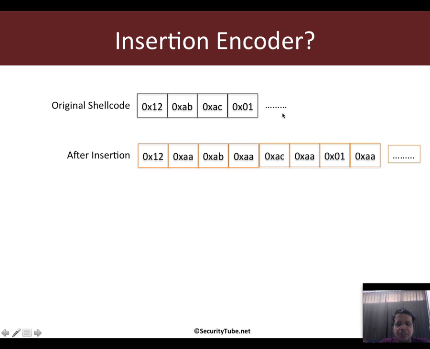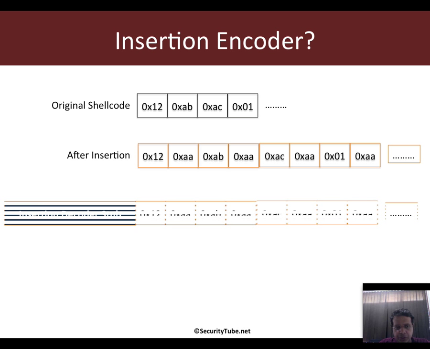Variations of this can be, instead of AA, you could have a random value, or you could probably have an increasing sequence and things like that. So the basic idea is that there is garbage, and this would end up probably confusing a lot of AV and IDS systems.